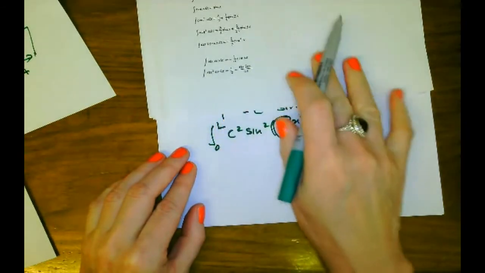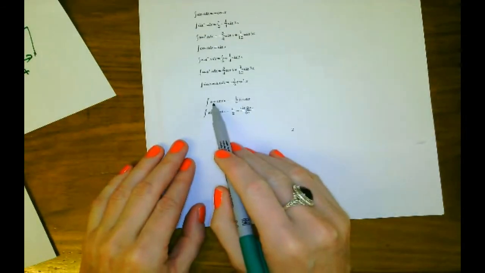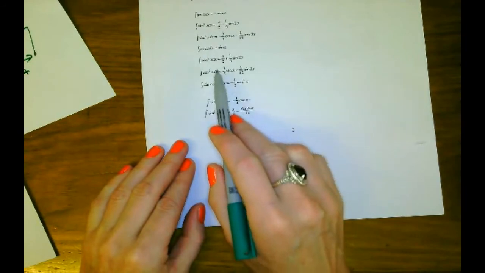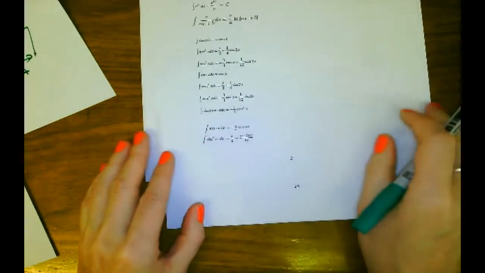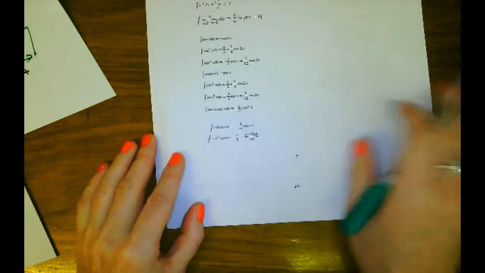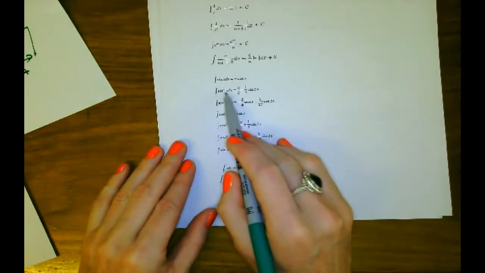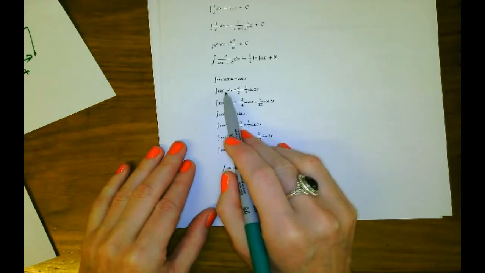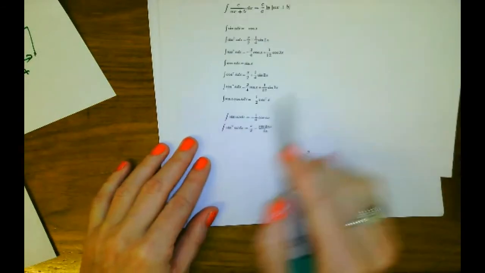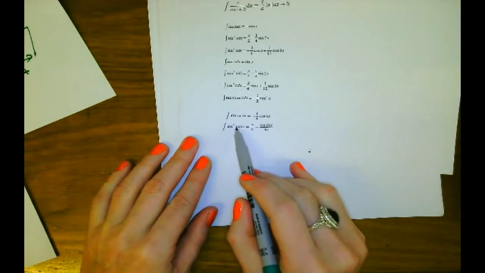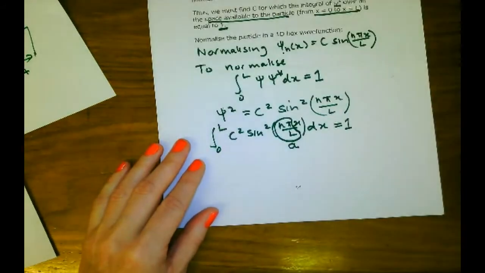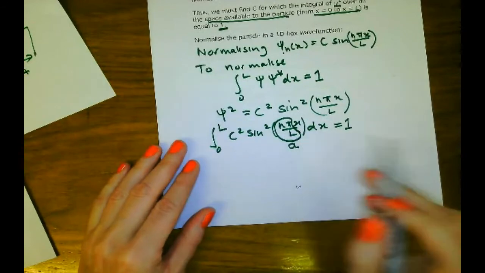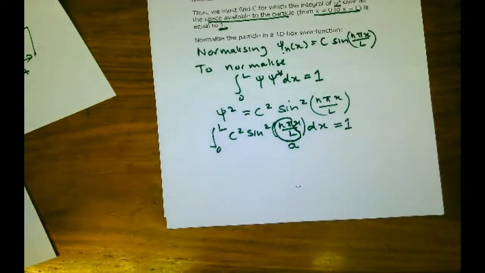The other one won't work because that's not a squared. The others are also not applicable. There is a sine squared x dx, but that one doesn't have an a. It doesn't have a constant in front. We need the one that has the constant in front, because we don't just have an x there, we've got an ax. We've got a constant in front of the x. So that is the integral that we're going to use.